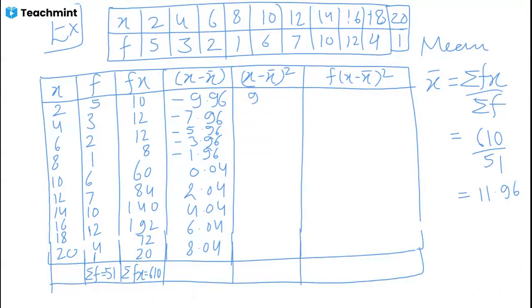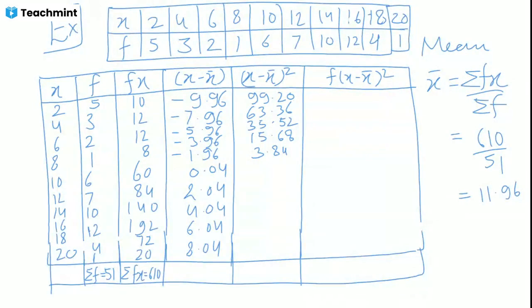We'll have here 99.20, and again this multiplies 7.96 into 7.96, 63.36. 5.96 into 5.96, 35.52, and 3.96 into 3.96, we have 15.68, and 1.96 into 1.96, we have 3.84.